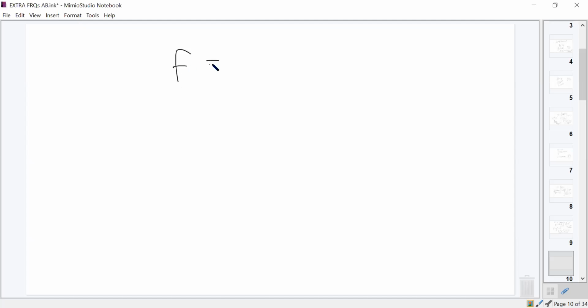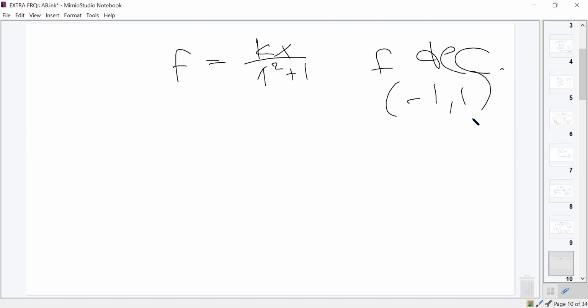So f is kx over x squared plus 1. And we want to know for what values of k is f decreasing only from -1 to 1. So if we want f to be decreasing, that means that the derivative of f needs to be negative, right?